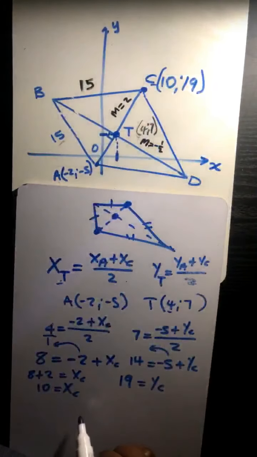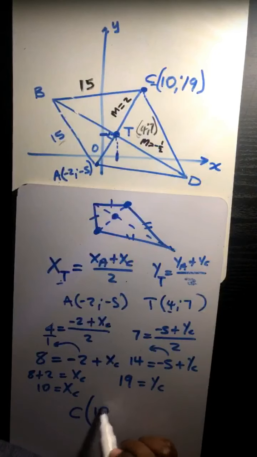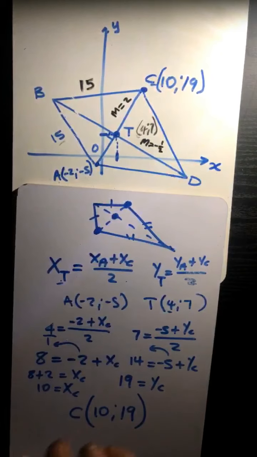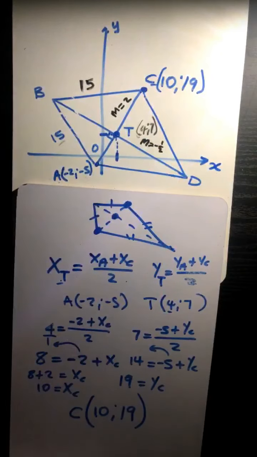So in answering the question, C has the coordinates of 10 and 19. Remember, guys, this is me in the exam showing you how I would answer this question. So be aware of all the tactics that one can use in an exam.